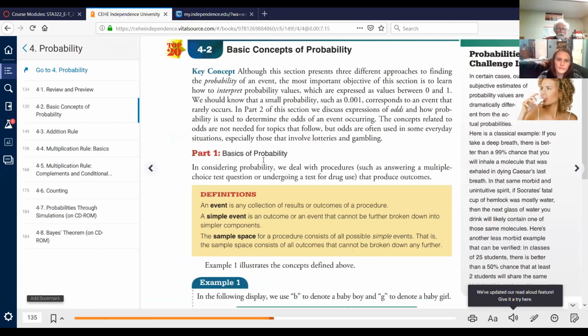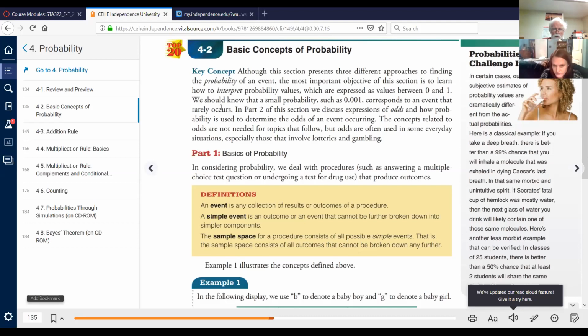An event is any result or outcome of anything that's done, whether it's a toss of a die or a clinical trial to test a new drug. The event is the result of that test or that procedure.